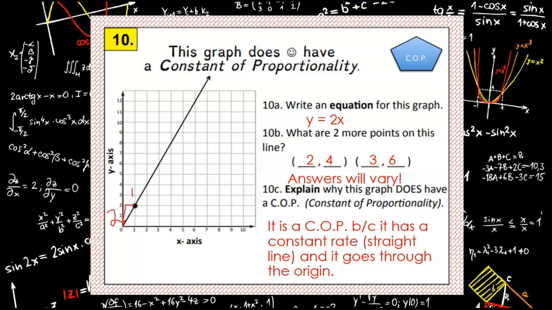Lots of different answers you could put here for your points on the line. I said 2, 4, 3, 6. You could do 4, 8, whatever you would like to do there. So the answers will vary. And it is a constant of proportionality, again, because it has a constant rate and goes through the origin.